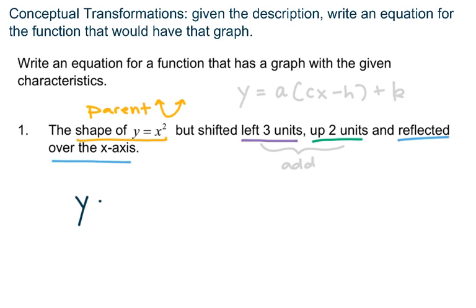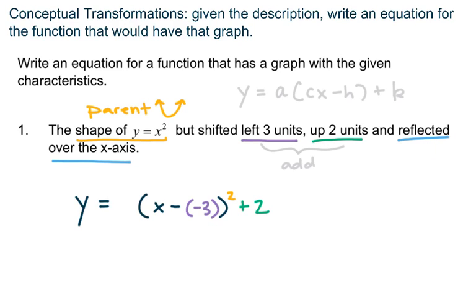So this is y equals x, and since I'm moving left 3 units, left would be -3, so x minus -3. So there's a minus inside our standard form, and minus -3 is going to turn into a +3. And I'll go ahead and put my squared, that's coming from my parent function. And then up 2, we would write +2.